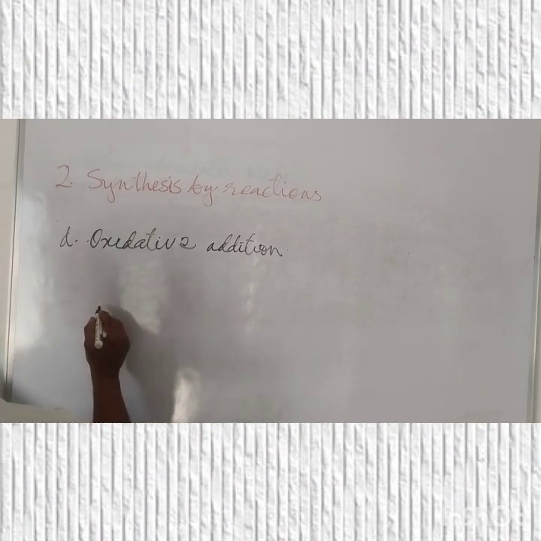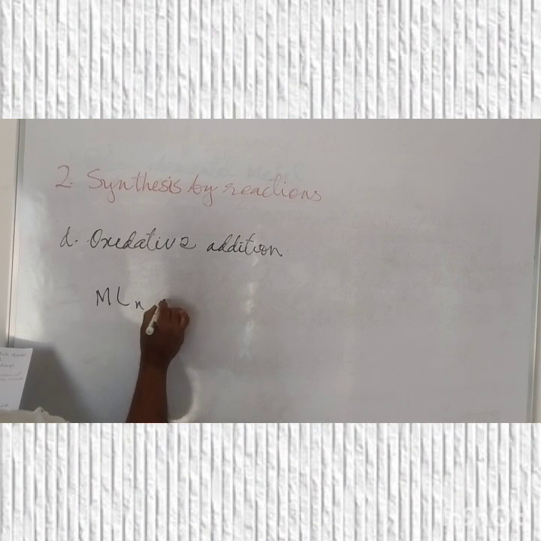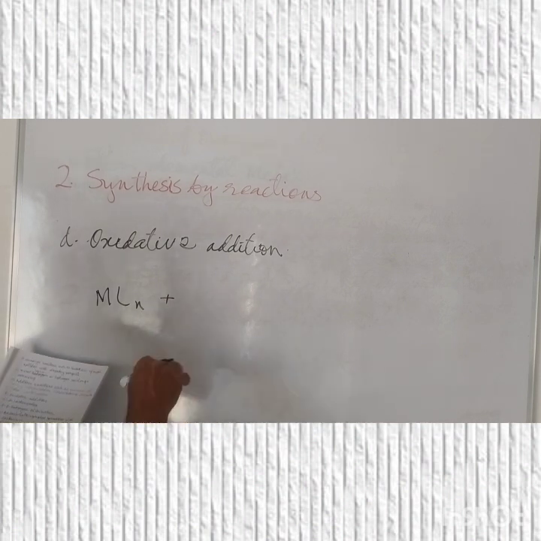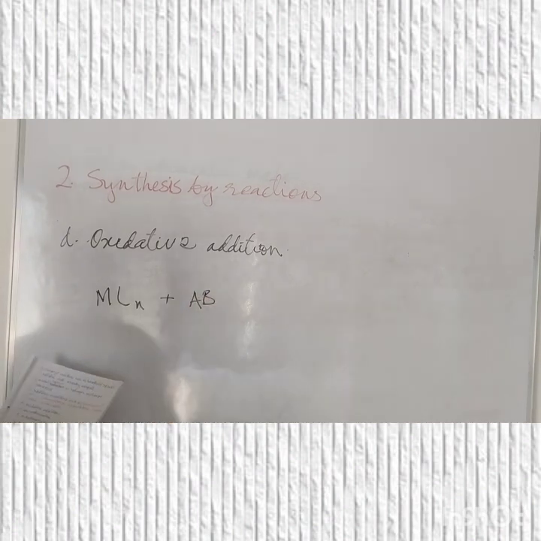So we can show here the example, that is a metal complex, say MLn. When the addition takes place, say of this molecule AB.